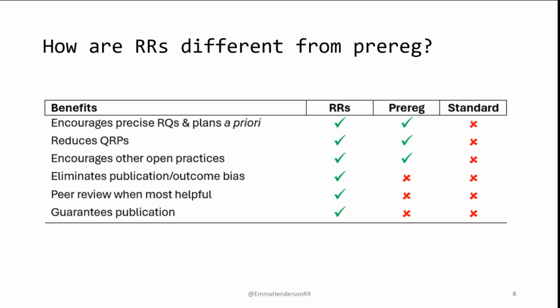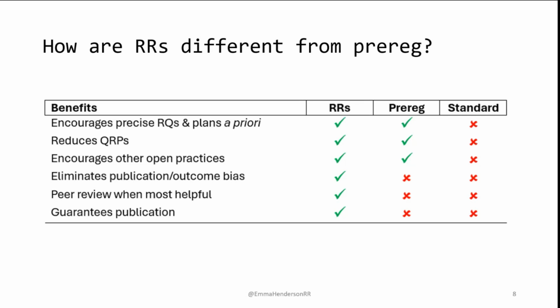Both of them also reduce questionable research practices. So these are things that researchers might do consciously or unconsciously that bias the results and create misleading research. So with both registered reports and pre-registration, you've got your hypotheses there in black and white.